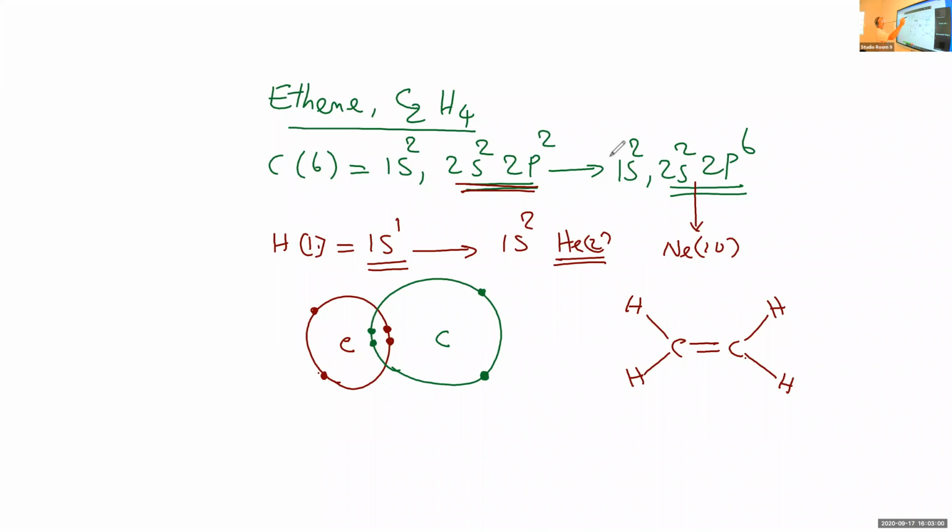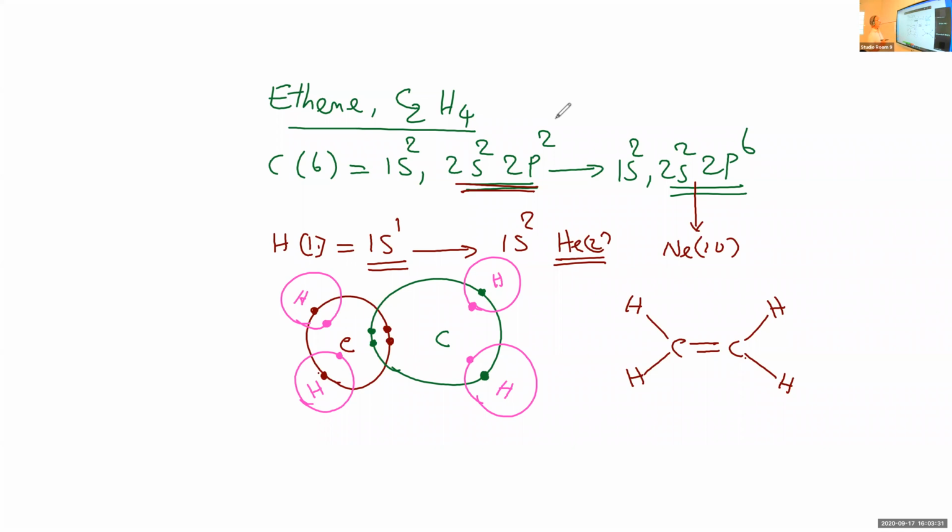Now, what about the hydrogen atoms? Here there is a single bond with a hydrogen atom. In a hydrogen atom, there is a single electron. Similarly, here also the second hydrogen atom with a single electron. Here, the third hydrogen atom with a single electron. And here is the fourth hydrogen atom with a single electron.